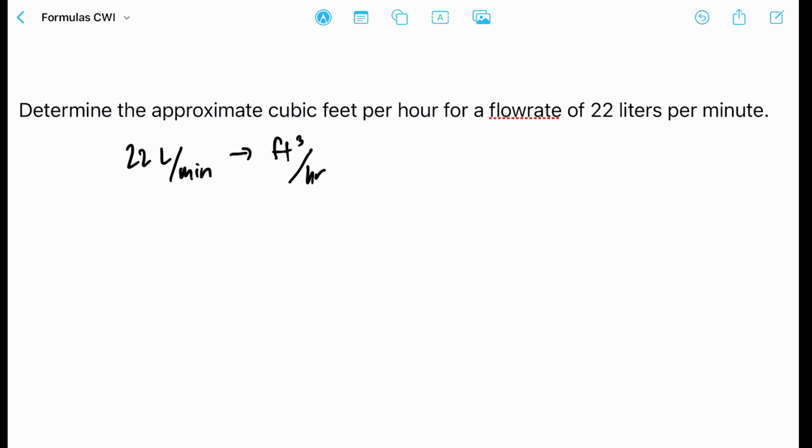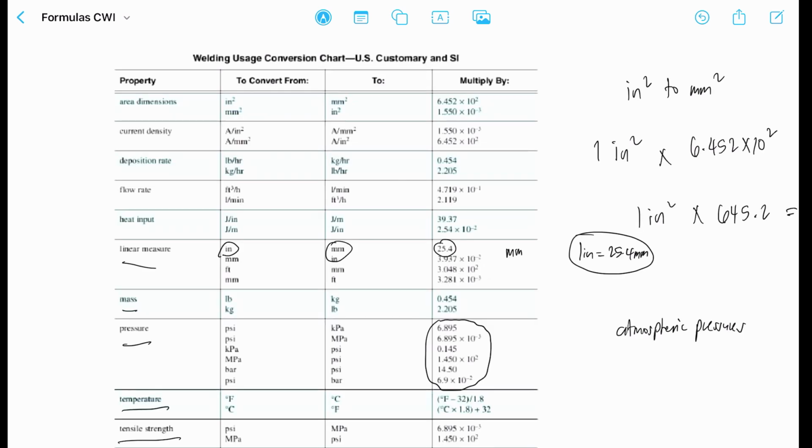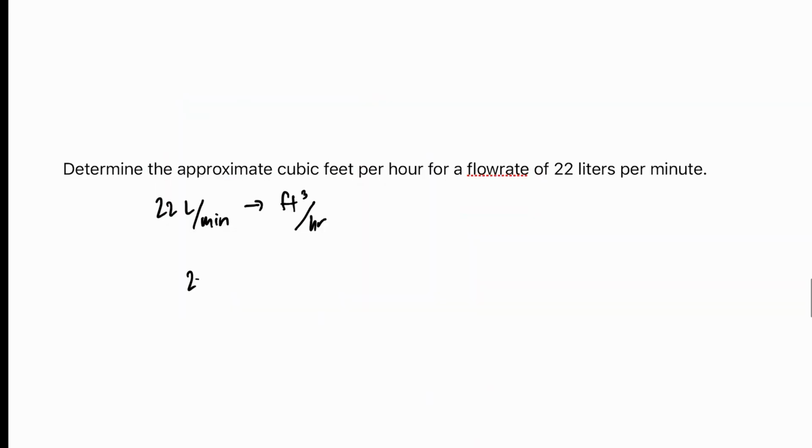Using the chart here, you need to multiply the value of liters per minute by 2.119. 22 liters per minute times 2.119 will give you the value of cubic feet per hour. So 22 times 2.119 will give you 46.62 cubic feet per hour.